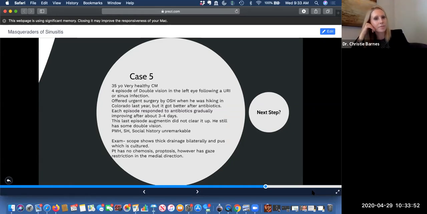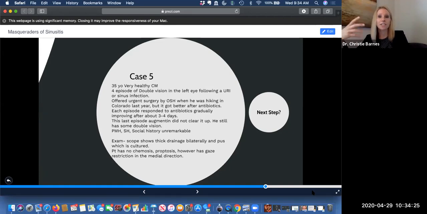Shows up to my office with a history of 4 episodes of double vision that started in his left eye following an upper respiratory infection, or what he thought was a sinus infection. Each time it was preceded by one of those. He was actually in Colorado last year hiking, and he felt like a cold came on, thought maybe it was the high altitude. Since he's from Nebraska, he's a flatlander like me. So he felt like it was maybe deconditioning or altitude sickness.